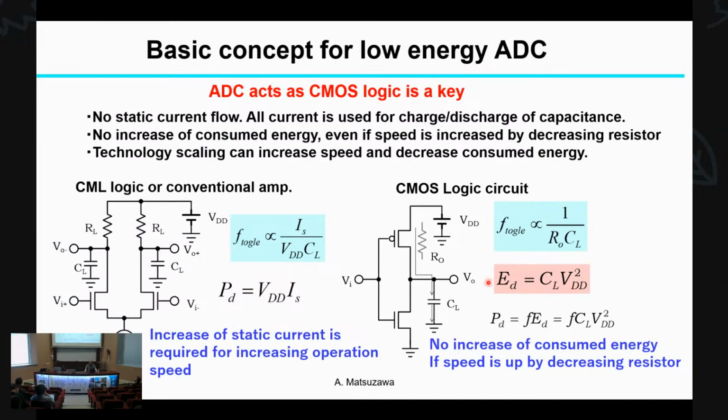In CMOS, the energy dissipation is just CV squared only. So even if we increase the speed by decreasing the resistance, the energy dissipation is the same. So no increase of the consumed energy if speed is up by decreasing the resistance. So the ADC based on CMOS logic is the key to realize low energy at high speed.